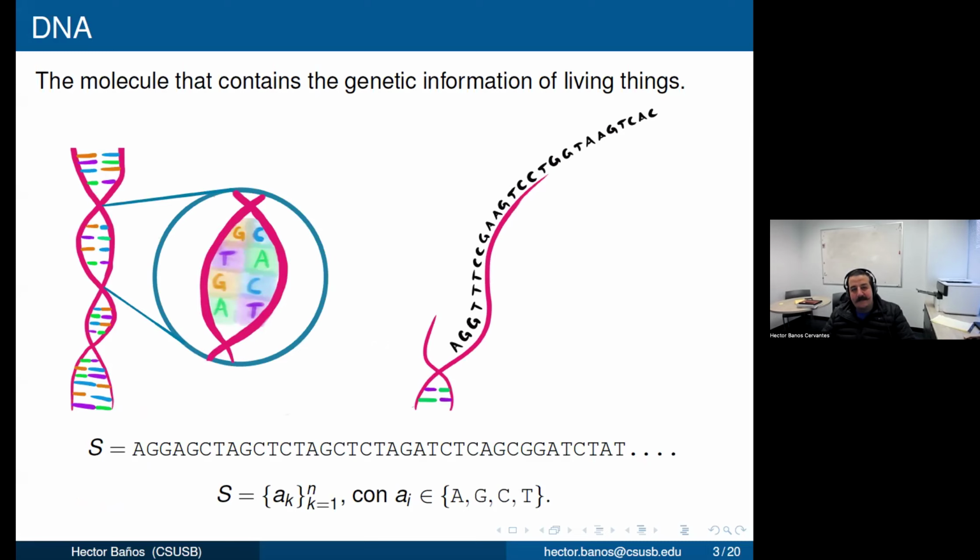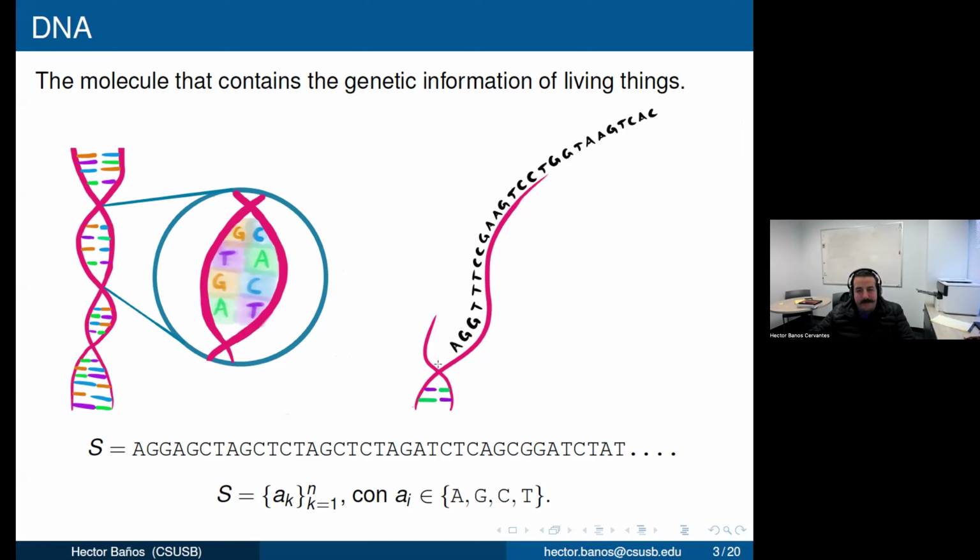DNA is the molecule that contains the genetic information of living things. Really broadly, you can think about DNA as a recipe. DNA is stored as a code of 4 nucleotide bases: A, G, C, and T. DNA is a double helix structure where A always binds with a T and G always binds with a C and vice versa, and those form base pairs.